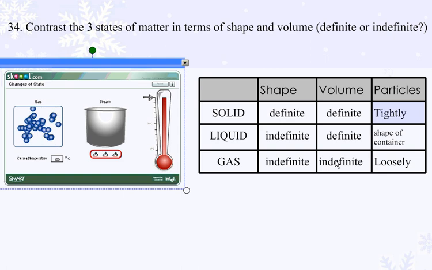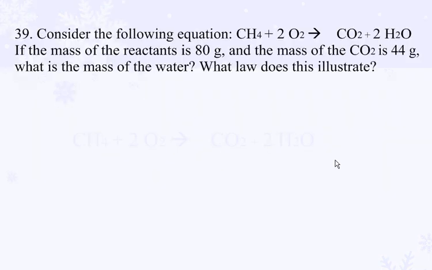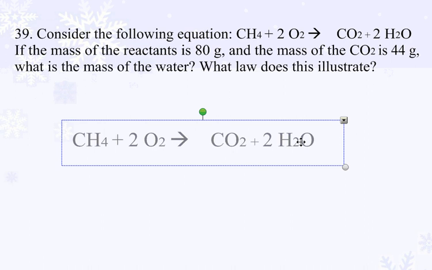Okay, moving on. Number 39 says, consider the following equation: CH4 plus 2O2 yields CO2 plus 2H2O. If the mass of the reactant is 80 grams and the mass of carbon dioxide is 44 grams, what is the mass of the water? What law does this illustrate? Let's look closer at this equation.